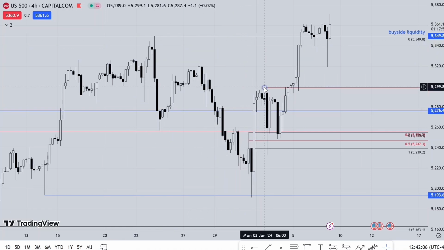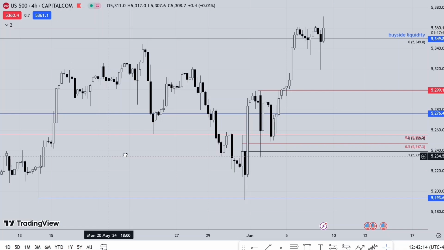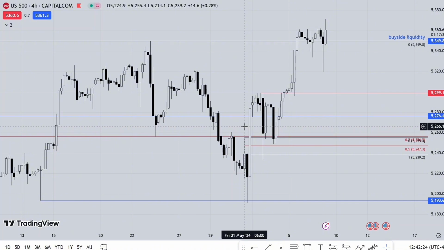Say you want to participate in the move higher, which I didn't participate in. When you go to review your charts like this, you act like you participated in this move going higher.